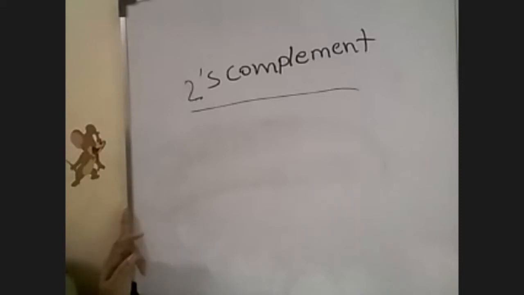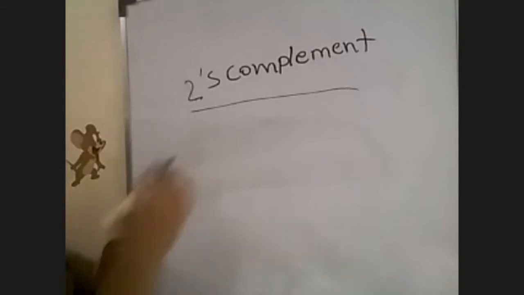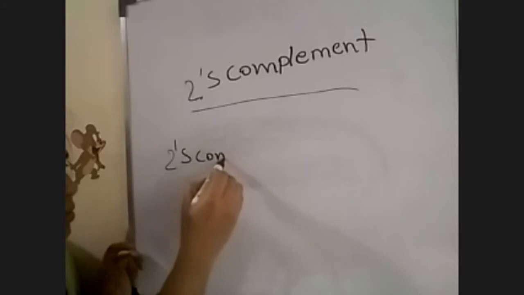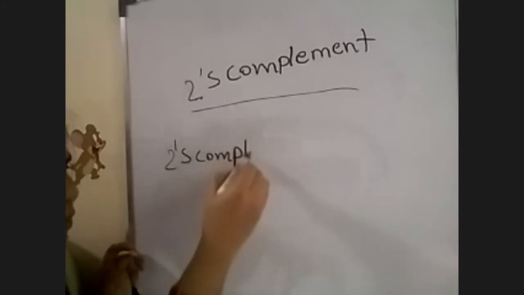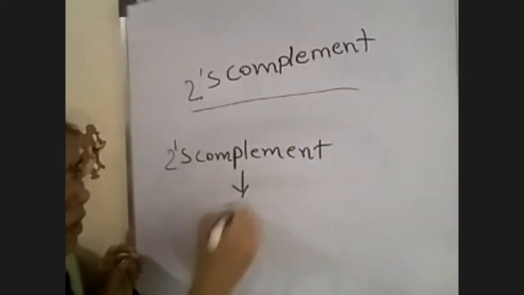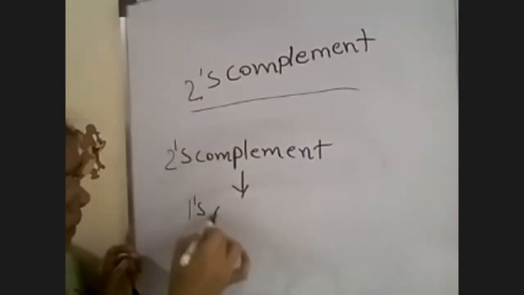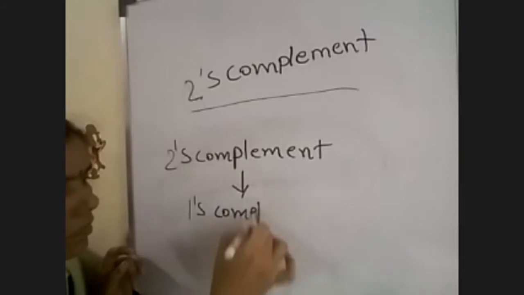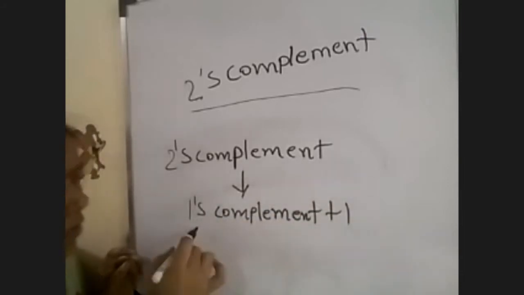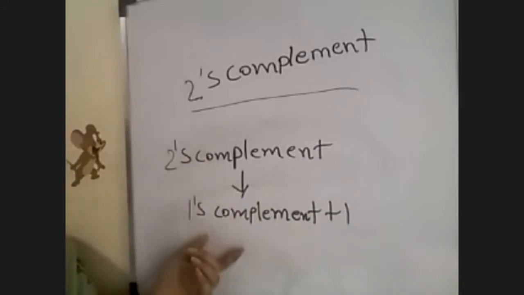That is, two's complement is equal to one's complement plus 1. So this is the two's complement representation.